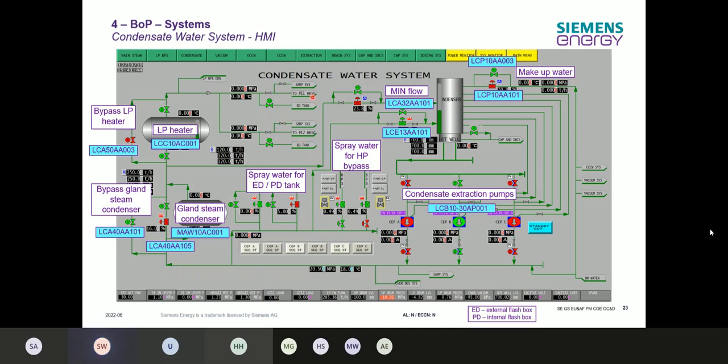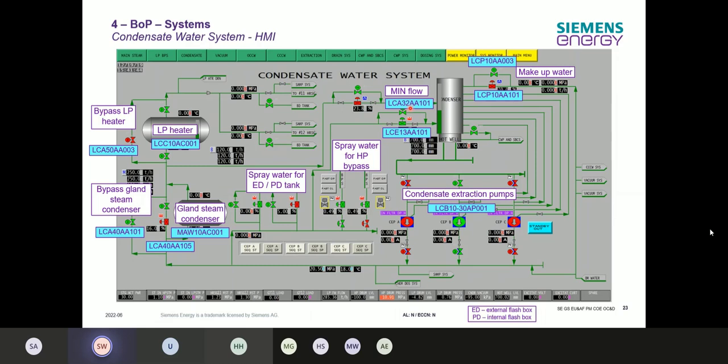The LP heater drain line gets back into the system, not leaking this out or sending it somewhere else. So that's the overview of the condensate system, just with the HMI.